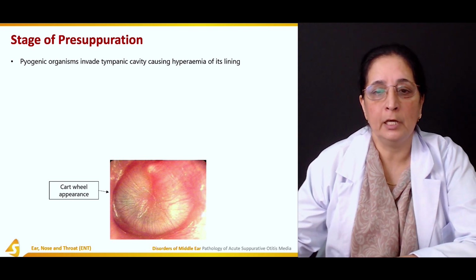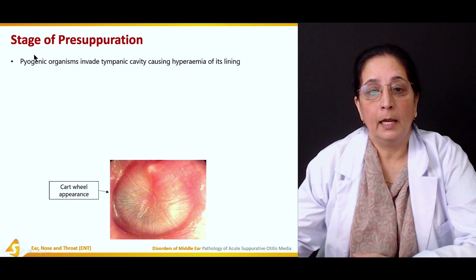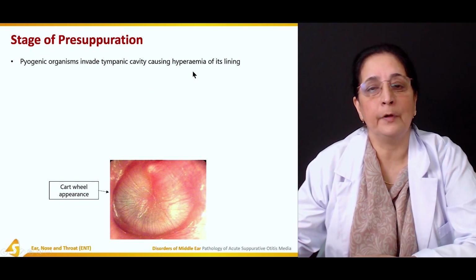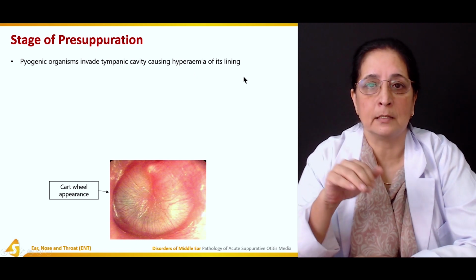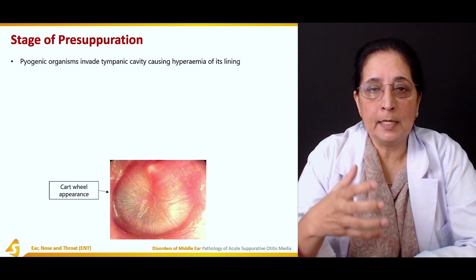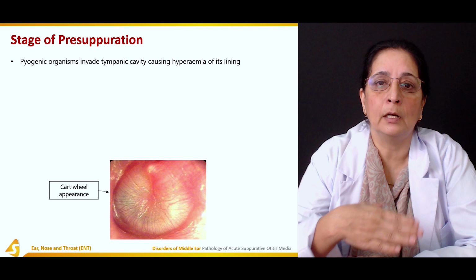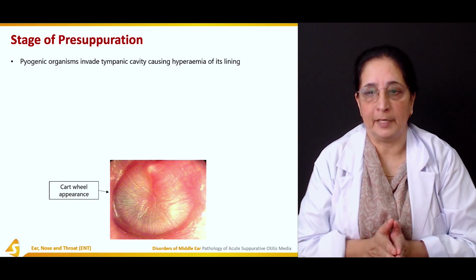So pyogenic organisms like Streptococcus pneumoniae invade the tympanic cavity, causing hyperemia of its lining. So there is increased vascularity, increased blood flow, increased secretions, all that can happen before the actual suppurative phase.